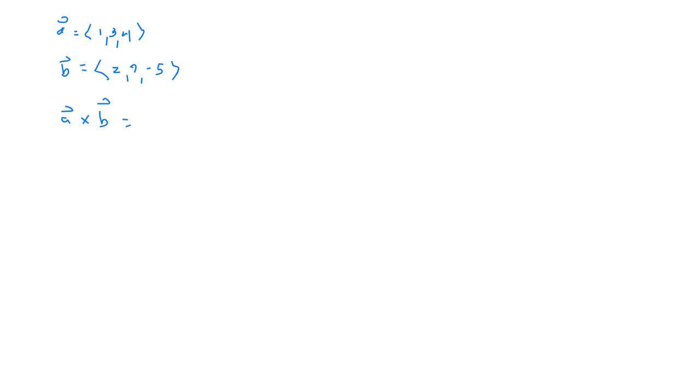Now here's what you do. You set up a 3 by 3 matrix. 3 rows, 3 columns. The first row has i, j, k on it. The second row has the components of A, 1, 3, 4. And the third row has the components of B, 2, 7, -5.